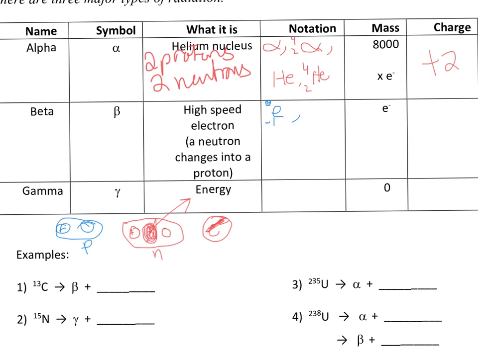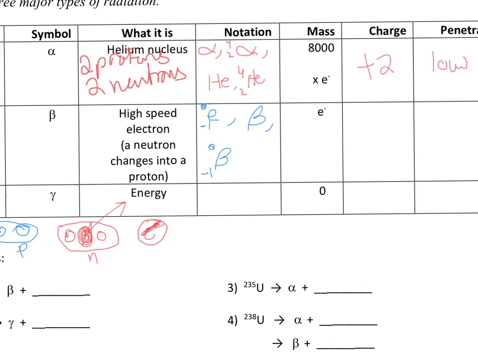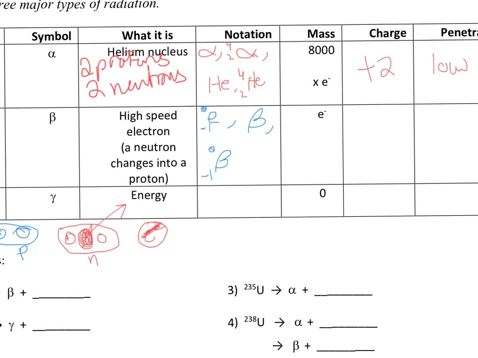Or you could write it with the Greek letter beta, or you can also write beta with your numbers, 0 and -1. Since it's a high-speed electron, its mass is the mass of an electron.